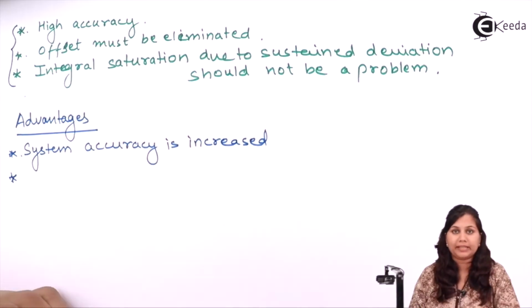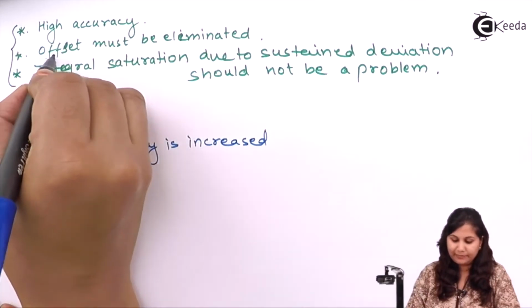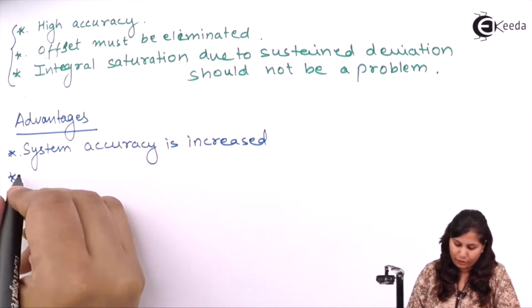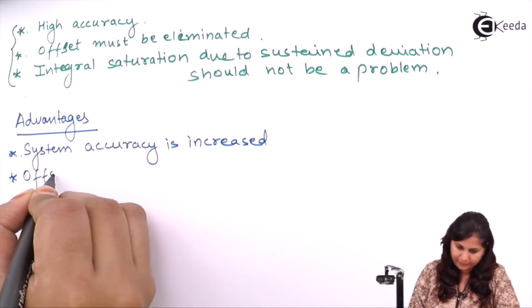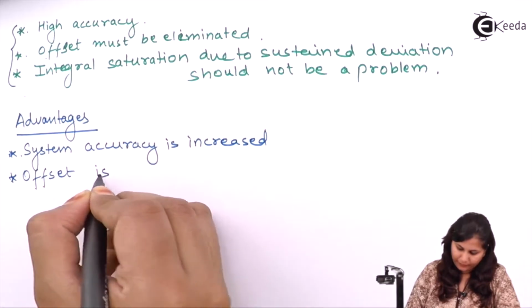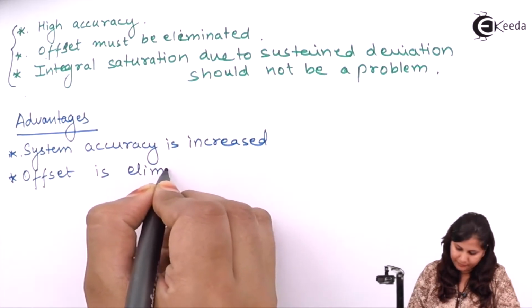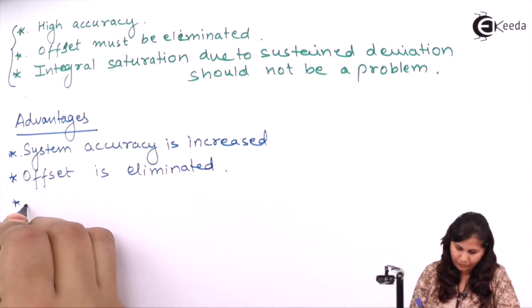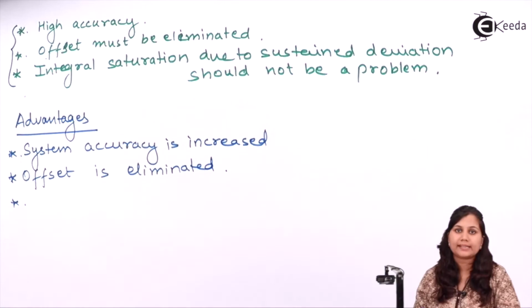Also, it eliminates the offset. That is why it can be used at the places where offset must be eliminated. Also, steady state error is minimized.